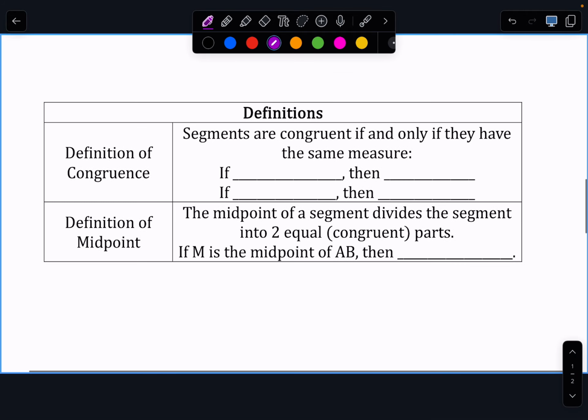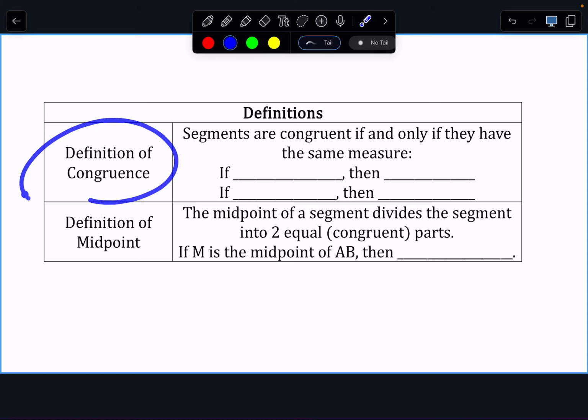All right, let's go through some definitions. So I am not going to lie. The definition of congruence is going to be a popular property for you to use. Definition. Not a property, definition. We will use the definition of congruence quite a bit. Okay? And we can use it one of two ways.